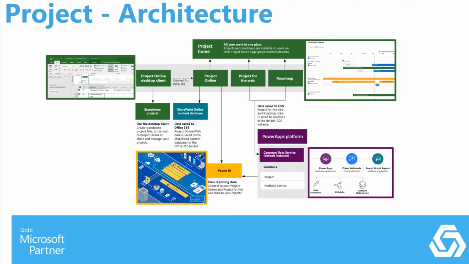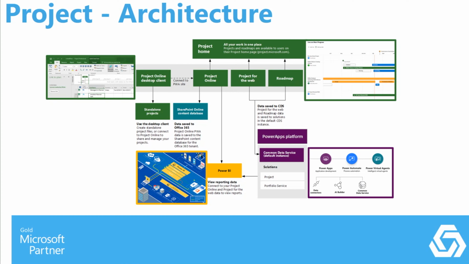Project Online is the SharePoint architected solution, and there is almost a limitation of how you use Project Online or how it's configured. You have to use it how it's intended to be used. But Project for the Web is much more of a platform that allows us to build project solutions to the business requirement rather than changing your business processes to adopt and utilize the capability of Project Online.